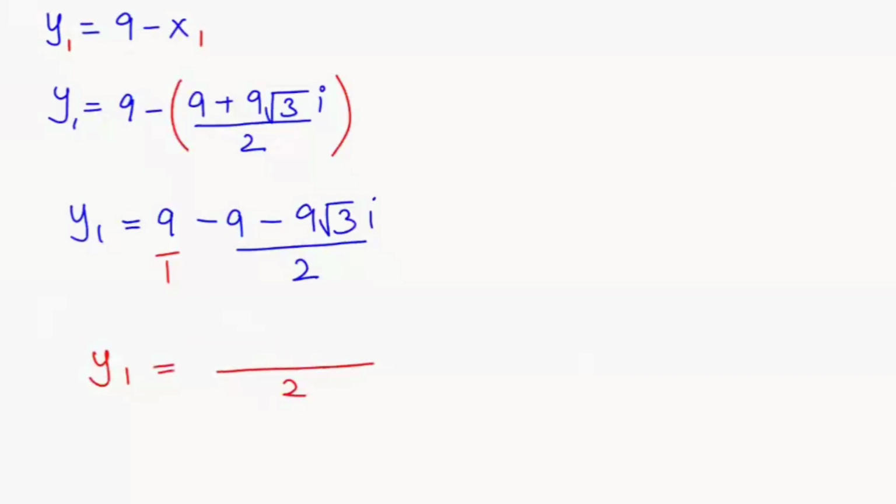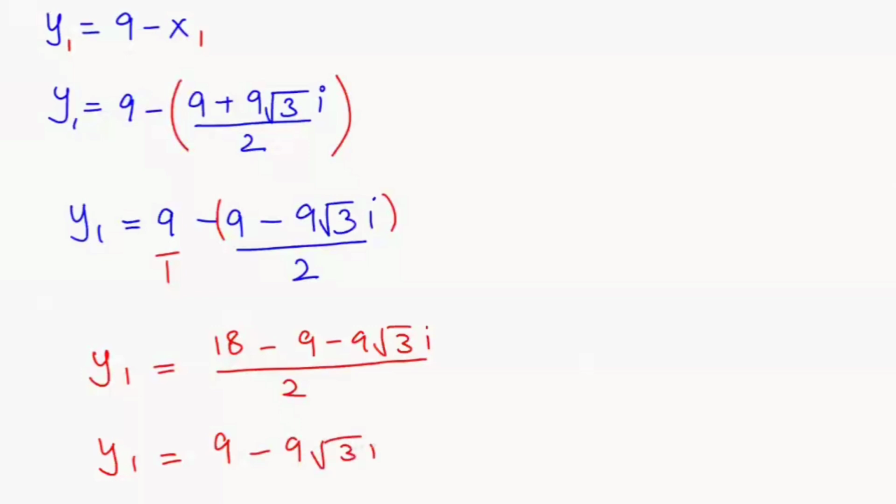So 1 times 2, 9 times 2 gives us 18, minus, and 2 times 1, 1 times 9 gives us the same value, 9 minus 9 root of 3 iota. Where we get y1 is equal to (18 minus 9) minus 9 root of 3 iota over 2, which is 9 minus 9 root of 3 iota over 2.